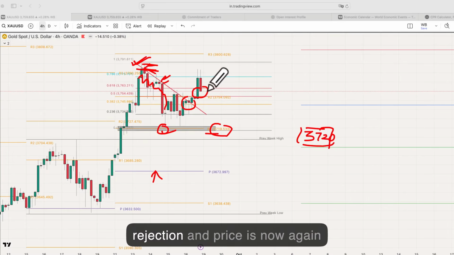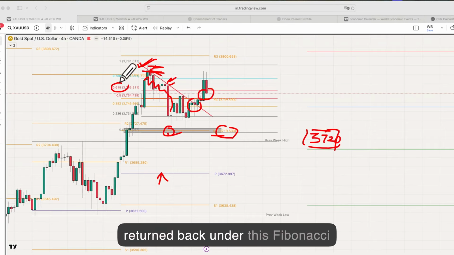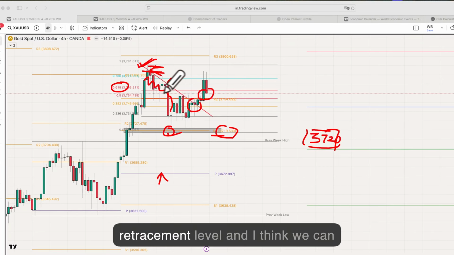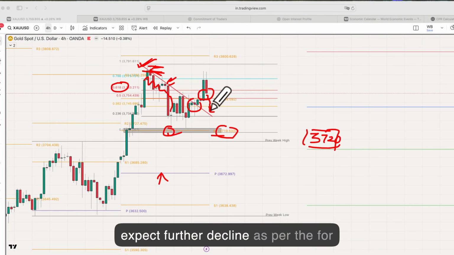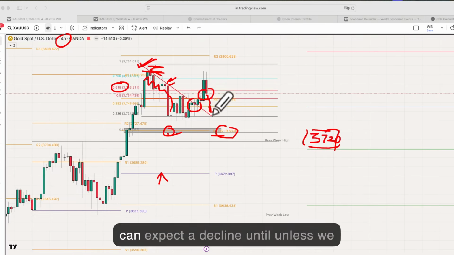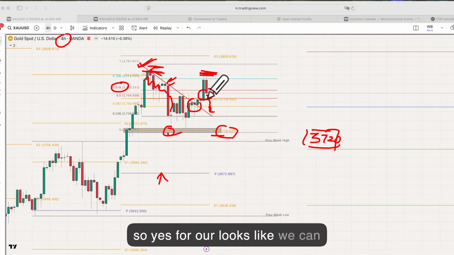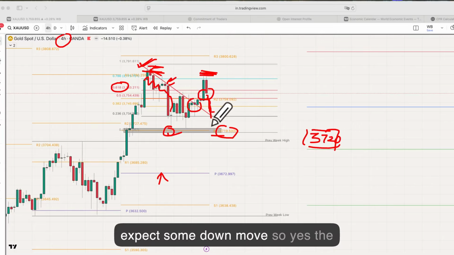We have seen rejection and price has now returned back under this Fibonacci retracement level, and I think we can expect further decline as per the 4-hour time frame. So on intraday, yes, we can expect a decline unless we see a breakout on the Friday closing. So yes, on the 4-hour it looks like we can expect some down move.